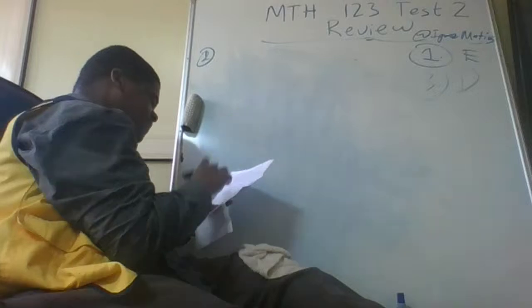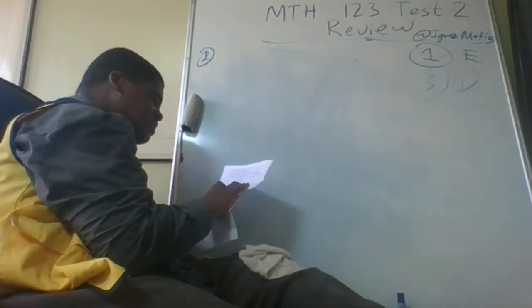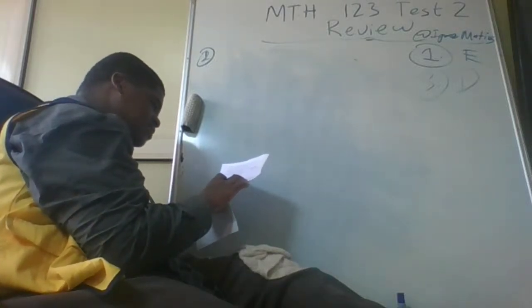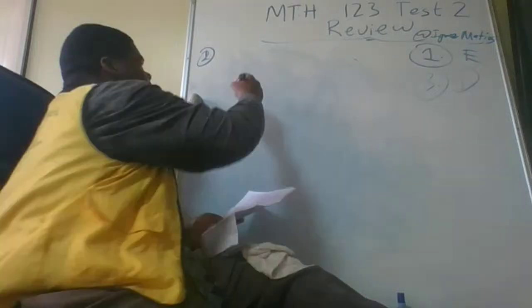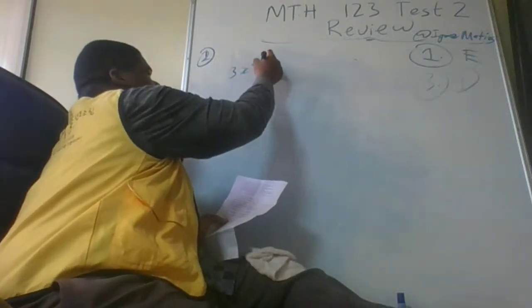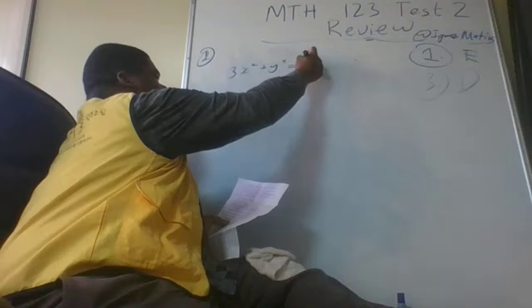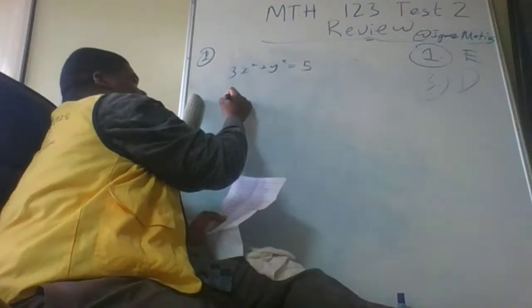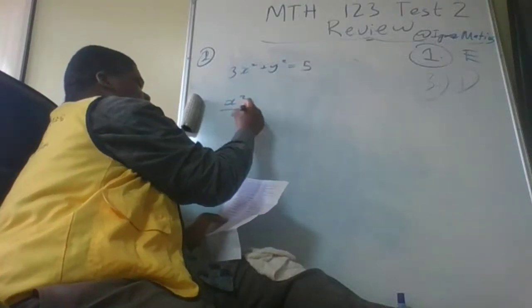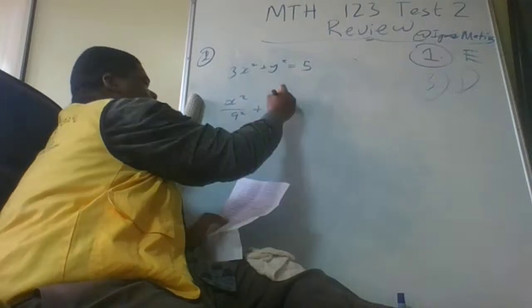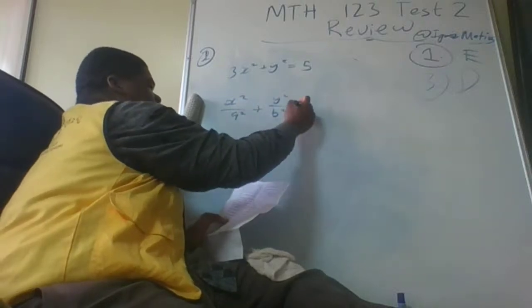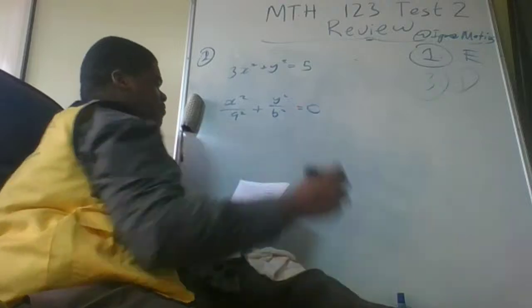Okay, question 5. Find the standard form and determine the intercept of the ellipse 3x squared plus y squared is equal to 5. So you have 3x squared plus y squared is equal to 5. The general form is going to be x squared divided by a squared plus y squared divided by b squared is equal to 0.